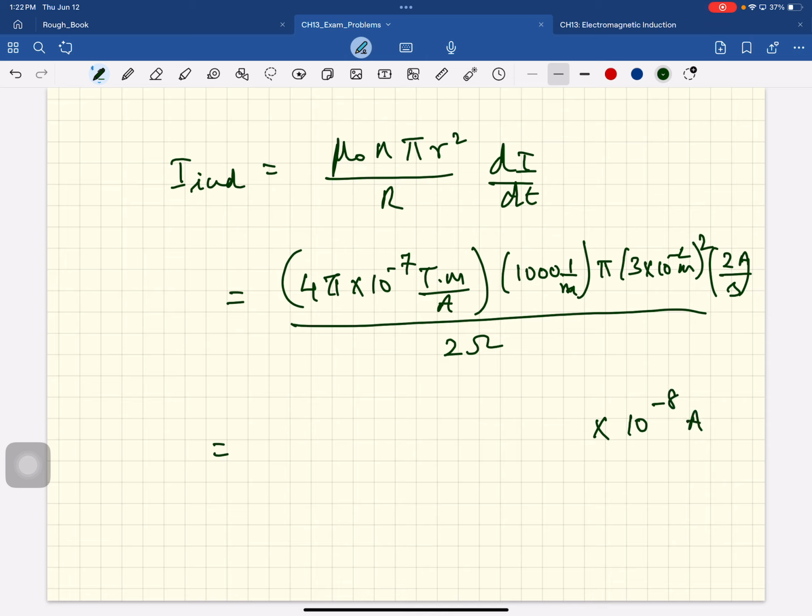And then you have 4 pi into pi into 9, and this 2 cancels with that 2.